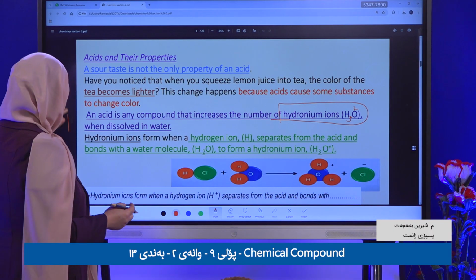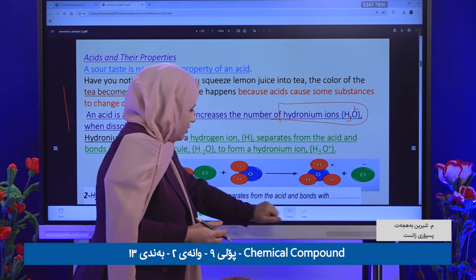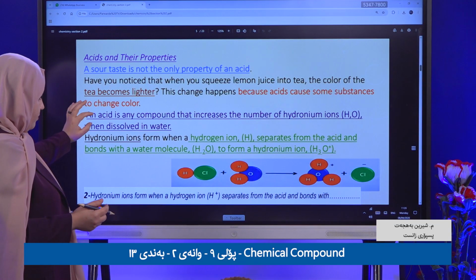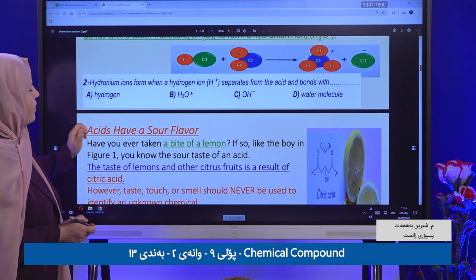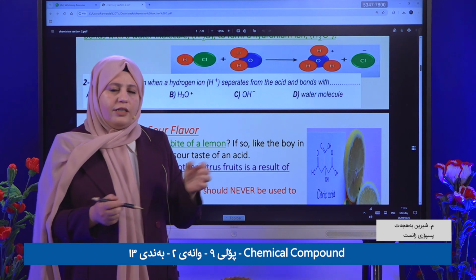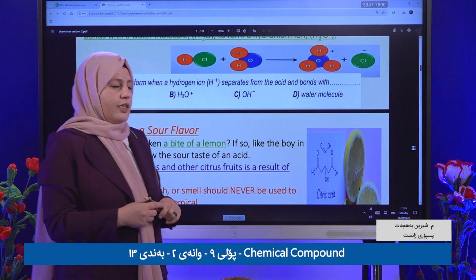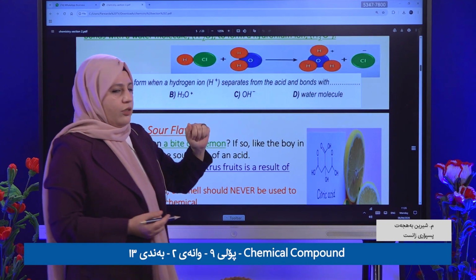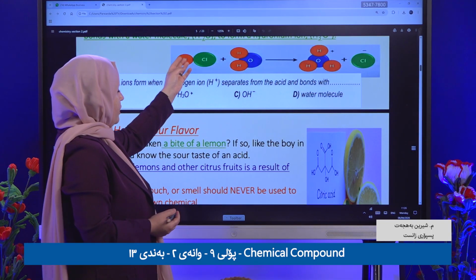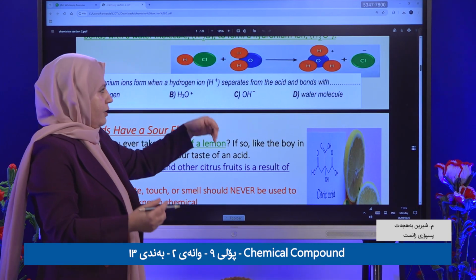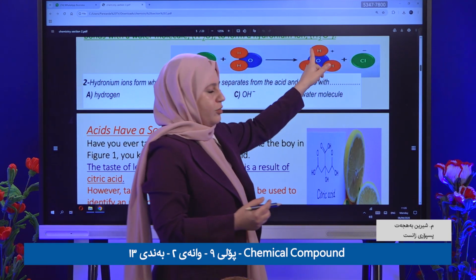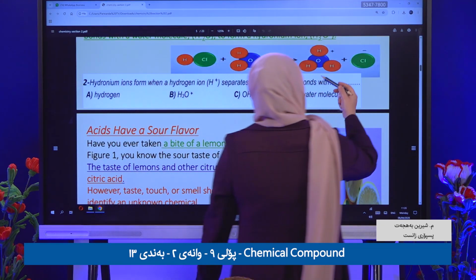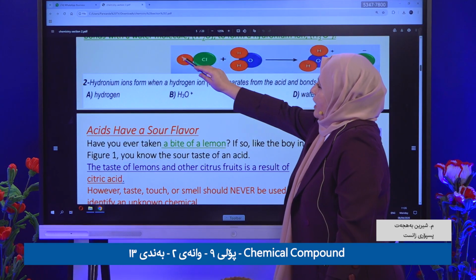Look at this one. We have HCl. What is HCl? It is an acid, right? When you put HCl into water, it reacts with H2O. It's a covalent compound. Look at the hydrogen. Where does the hydrogen go?